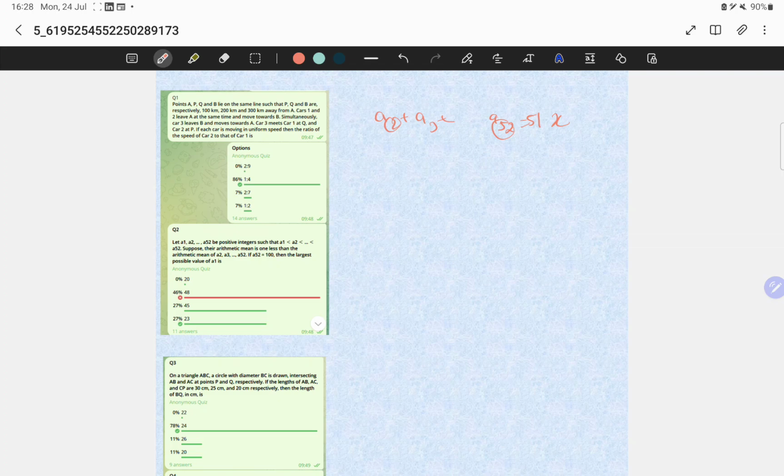It is given that when A1 is added to this, the arithmetic mean drops by 1.